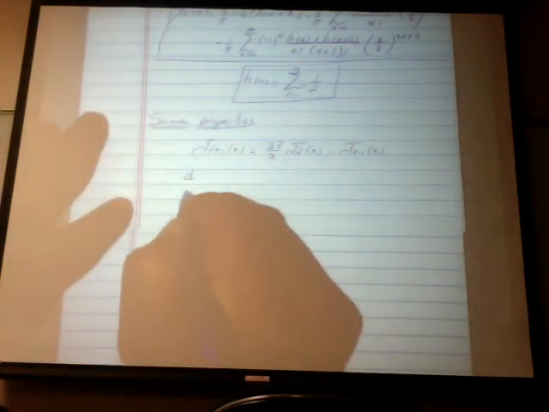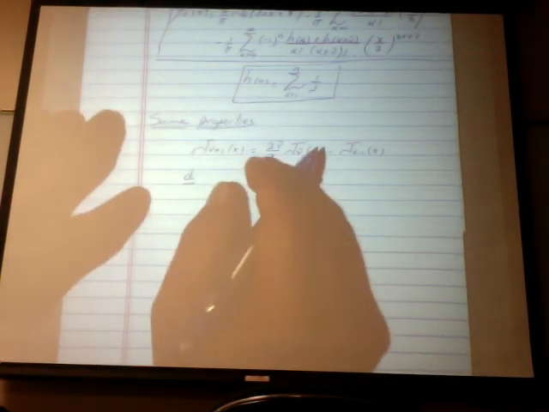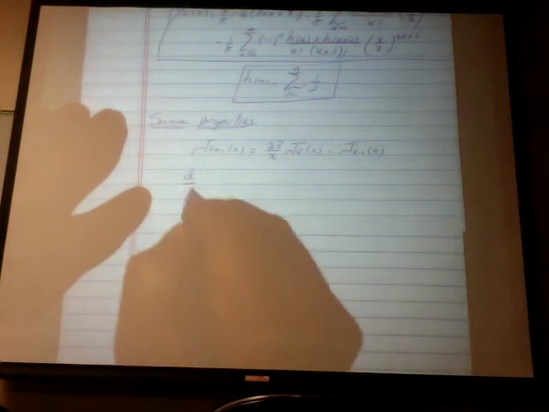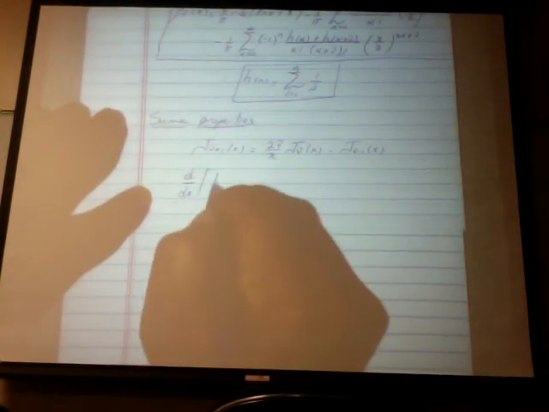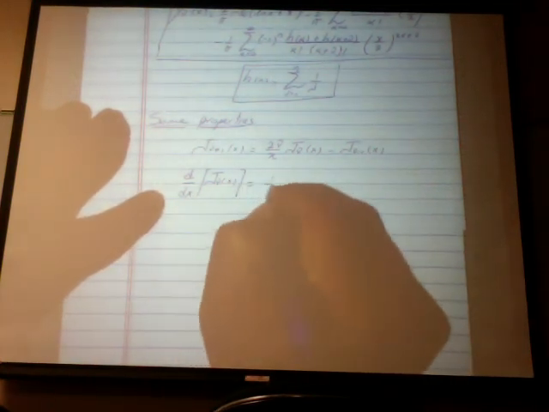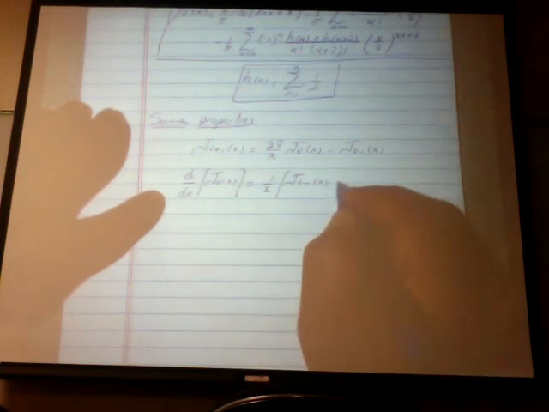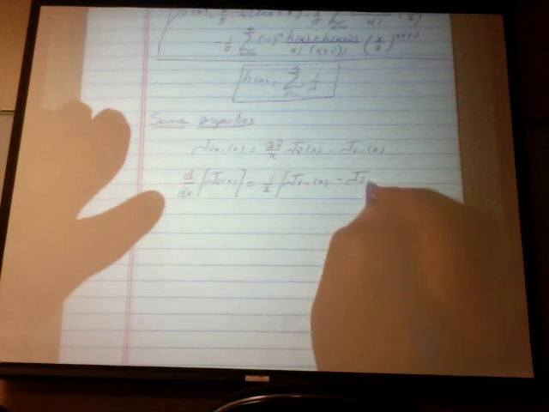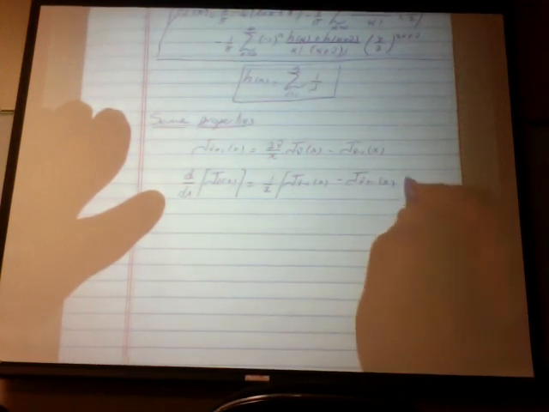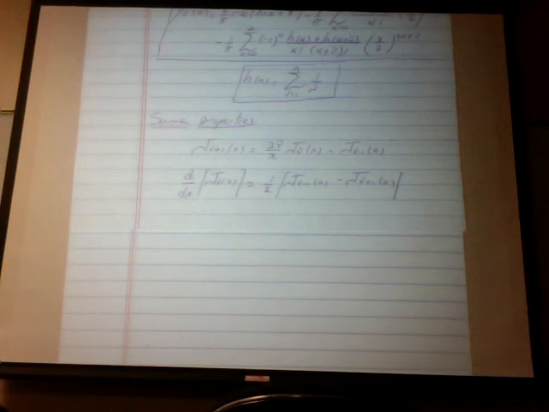And the derivative with respect to x of the Bessel function of order nu is equal to 1/2 of the difference of the neighboring orders.